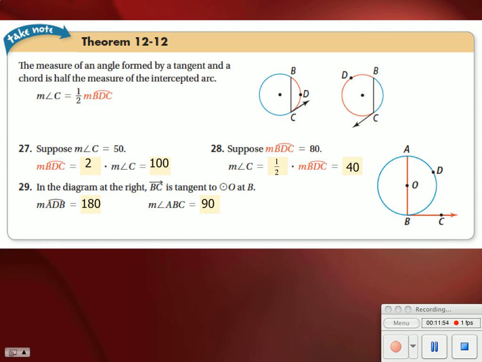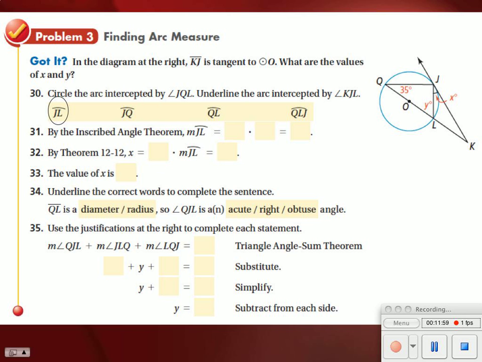All right, finally, finding arc measure, problem 3. In the diagram at the right, KJ is a tangent to circle O. What are the values of X and Y? We're going to circle the arc intercepted by JQL, and as you can see, that's already shown. It's arc JL. And underline the arc intercepted by KJL.